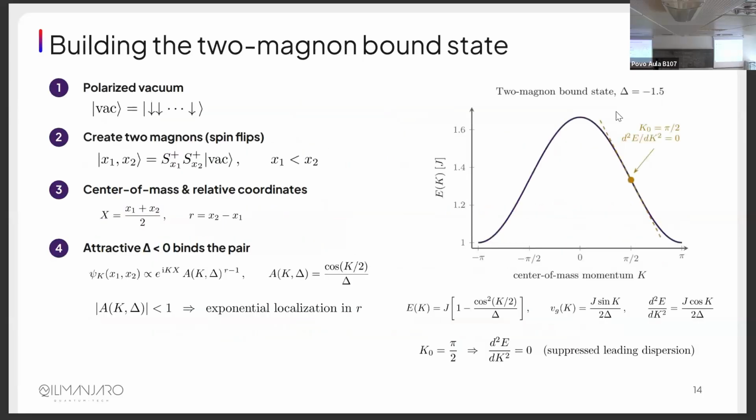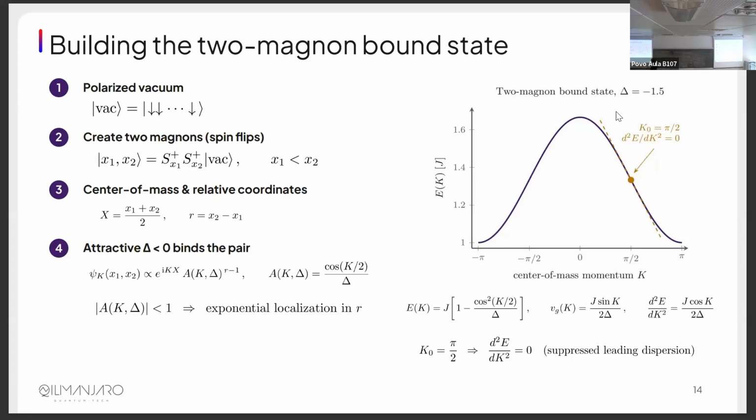So this is the theory about how to model this bound state with something called the Bethe ansatz. It is well known. We are going to start by creating two spin ups. Then we parameterize these two spin ups using the center of mass and the relative position of these two spin ups.